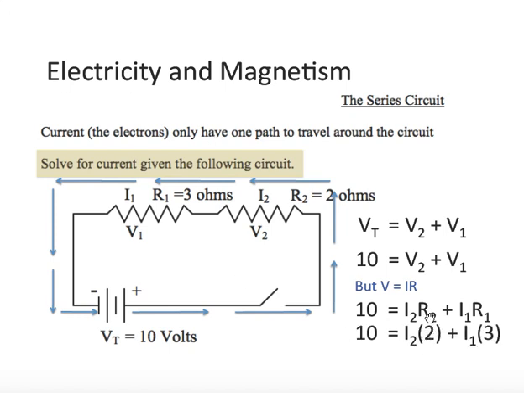Now we know the resistance of this load, it's 2 ohms, that's why we've written 2 here. And we know the resistance of this load, that's 3. And it looks like we're stuck because we have one equation and 2 unknowns. But in a moment you'll see we're really not stuck at all.